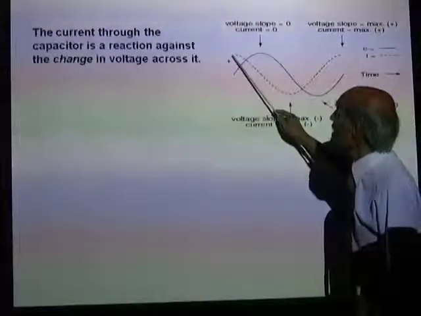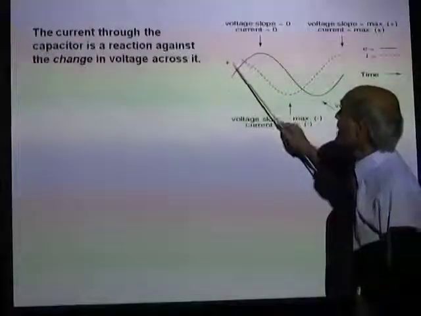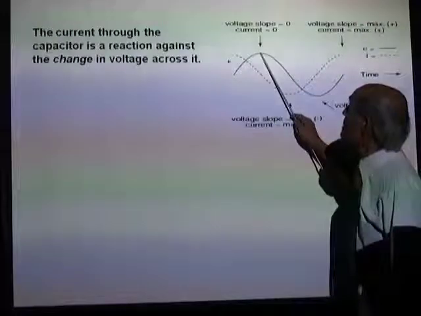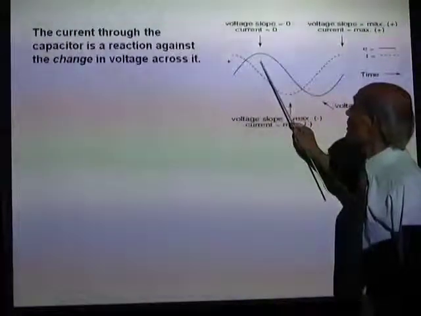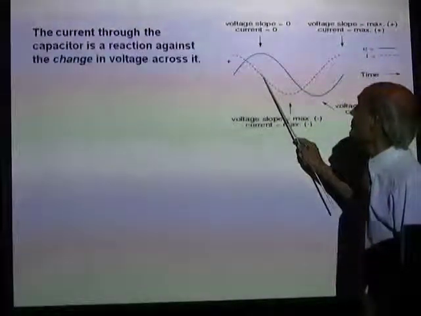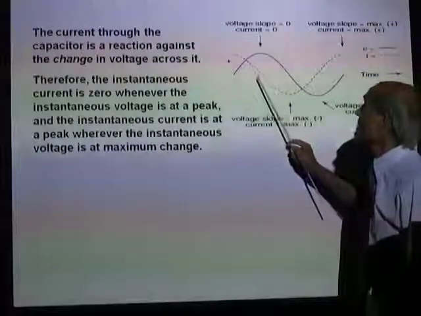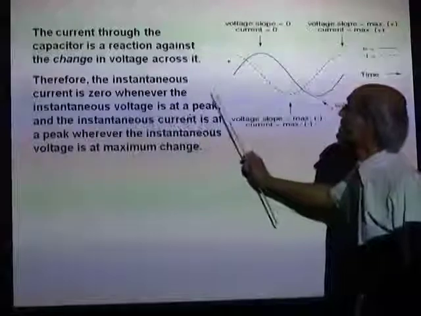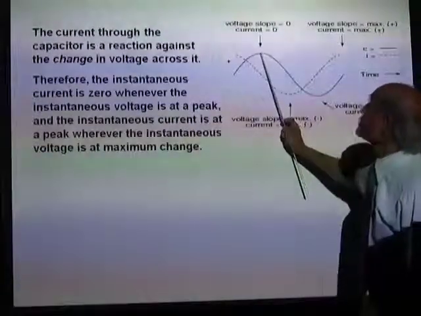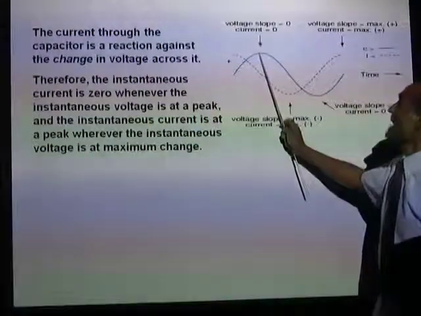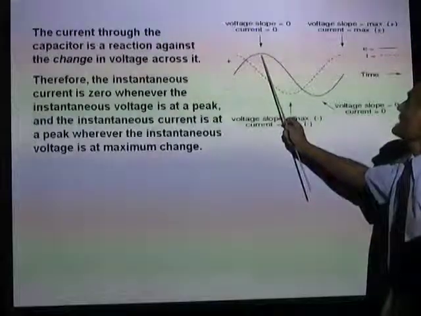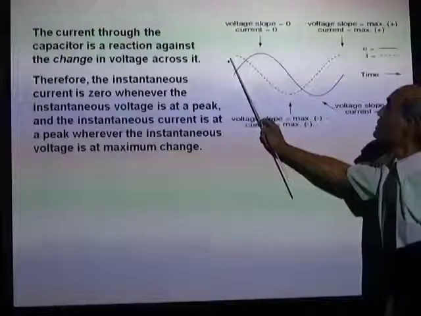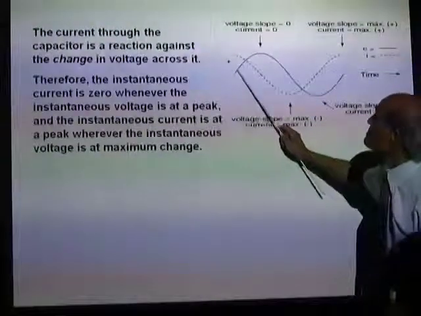That means that is when the current is maximum. And when the voltage is peaked, the rate of change of voltage is zero. That is when the current is zero. Alright. So the instantaneous current is zero whenever the instantaneous voltage is at a peak, and instantaneous current is at a peak whenever the voltage is changing at the maximum rate.